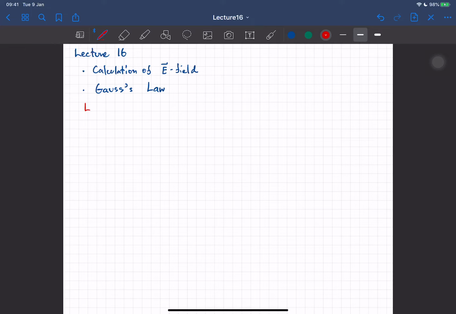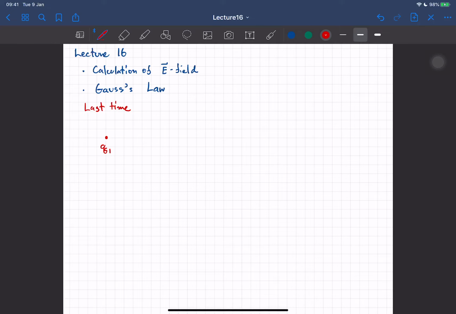So last time we said that if we have a charge, which is say Q1, this charge creates electric field at every point in space.